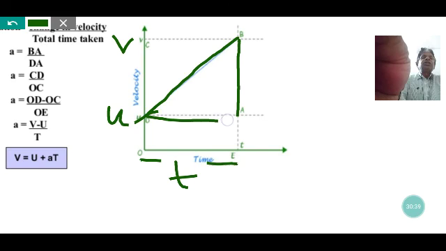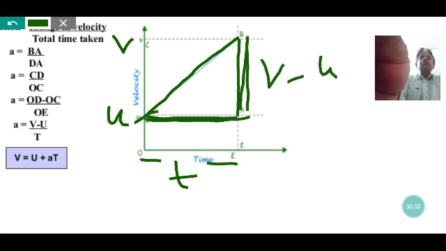Here, during the time interval t, the change of velocity is equal to v minus u. So we can say that here a is equal to BA by DA.